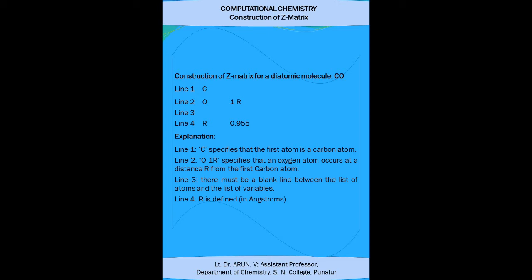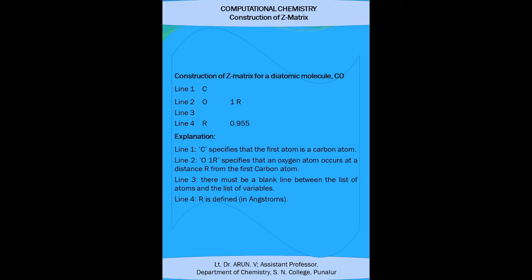If we examine the Z matrix for any molecule, we can see that some data are given by line. Here, in the case of the carbon monoxide molecule, we can see 3 lines. Among these three lines we can see one blank line, and let us examine that.